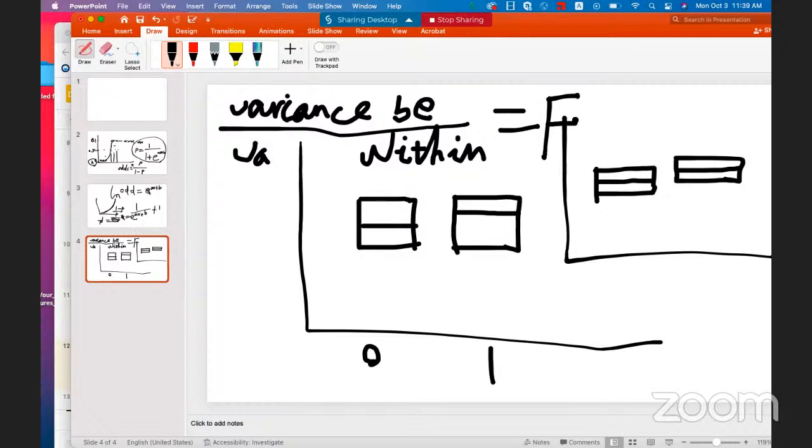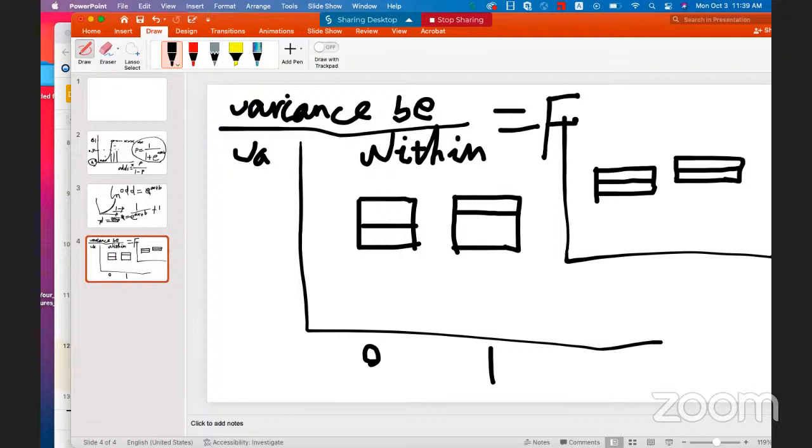Which plot is larger? This one is larger because the variance within the groups is smaller, the bottom. So we get the F score from the ANOVA test, and a larger F score means that the difference between the groups is larger. Does that make sense?